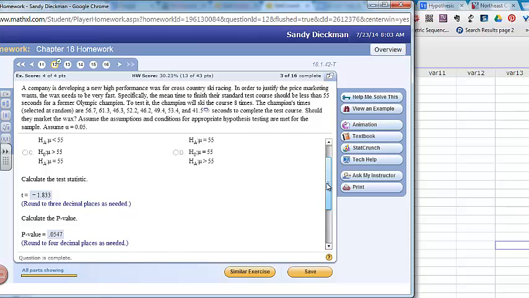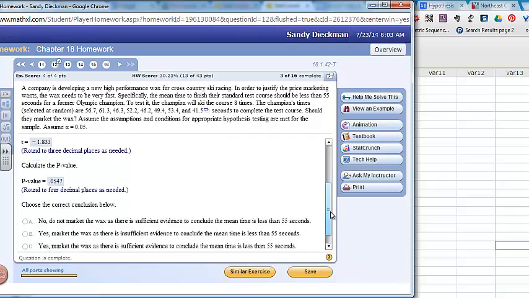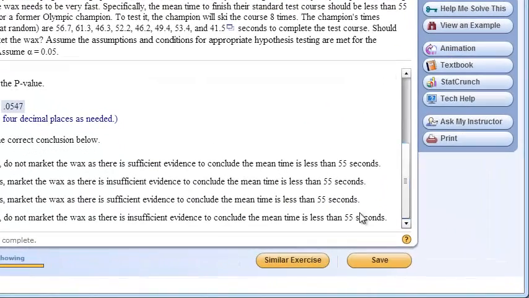So I'm basically accepting the null hypothesis, and if I accept the null hypothesis, I'm accepting that it is equal to 55 seconds. Since I want it to be less than 55 seconds, I am not going to market the wax, because there's not evidence to conclude that the mean time is less than 55 seconds.